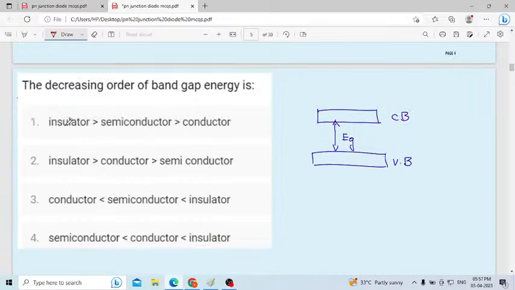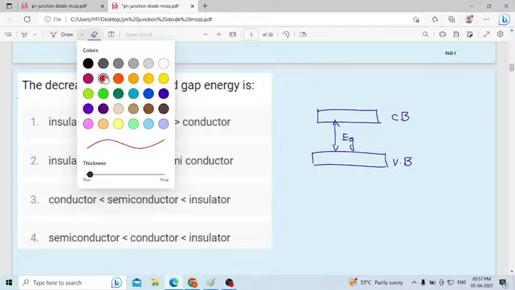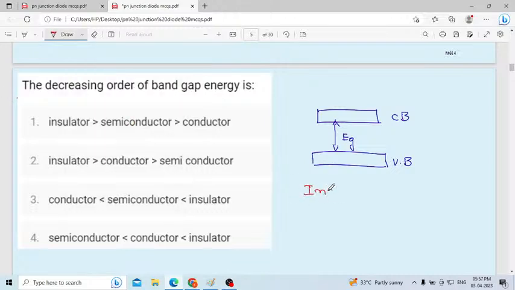Answer the question now. The decreasing order of band gap energy: which one has more energy gap, according to my explanation? First one, insulator has more energy gap, correct? The energy gap between the conduction and valence band will be more in the case of an insulator.